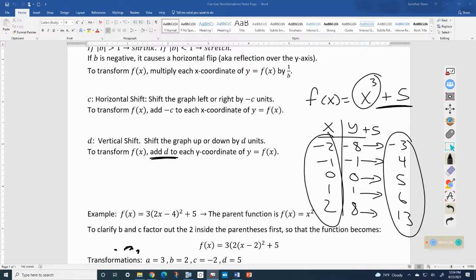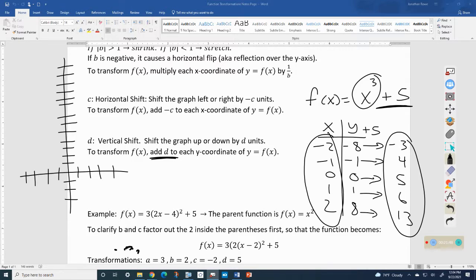Okay. Let me graph that over here. All right, we got -2, -3. -1, 4. 0, 5. 1, 6.